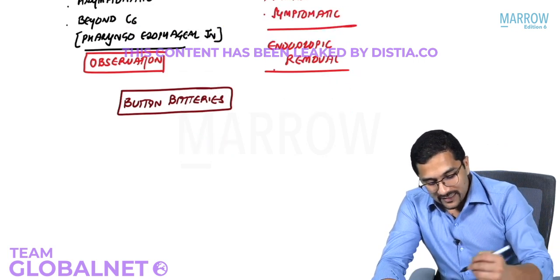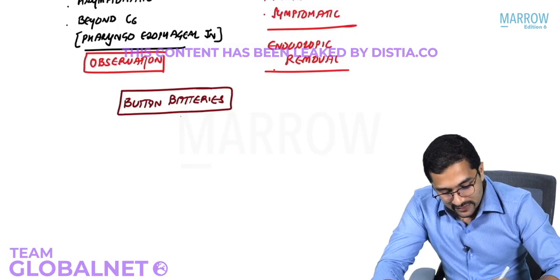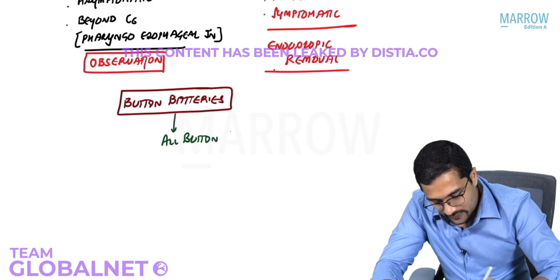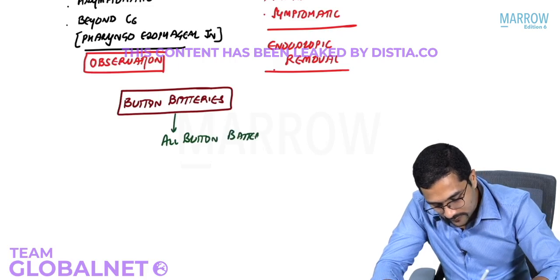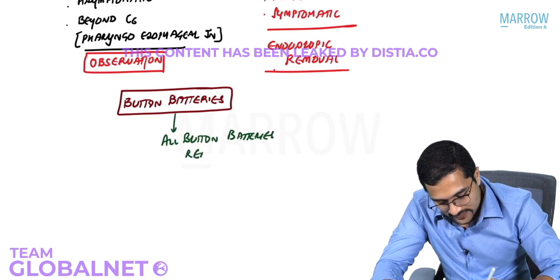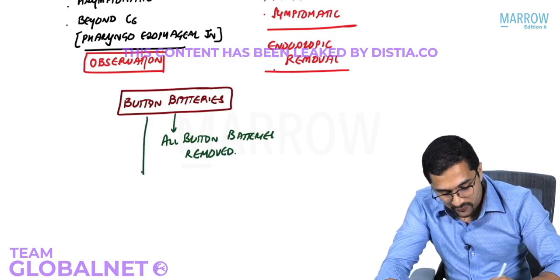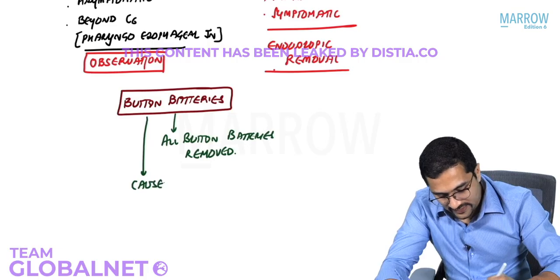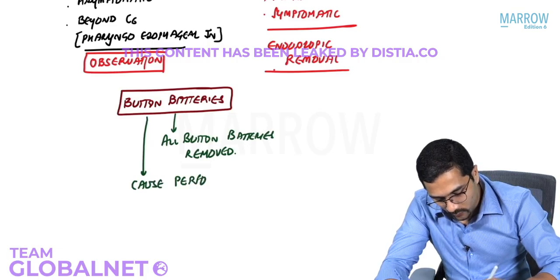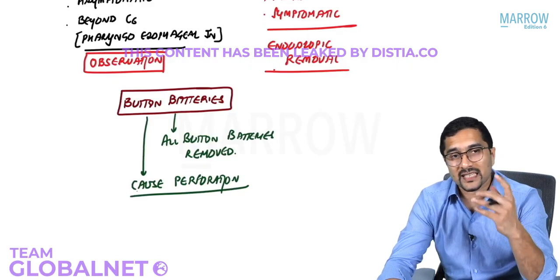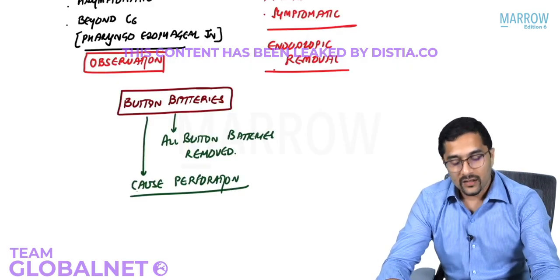If button batteries are swallowed, then all of them need to be removed, because they can disintegrate and cause perforation. So we don't want that. That is why all button batteries, even if they've gone beyond C6, should be endoscopically removed.